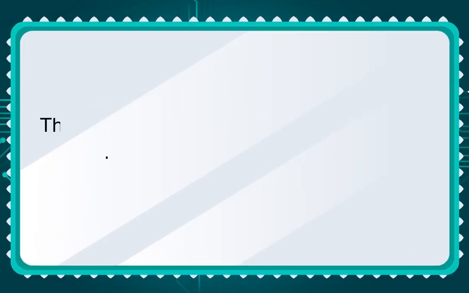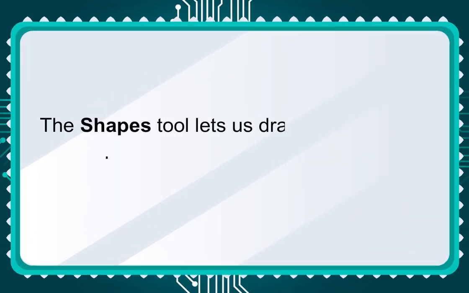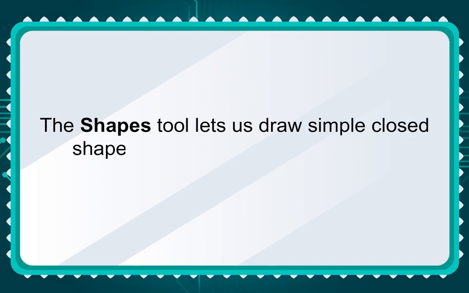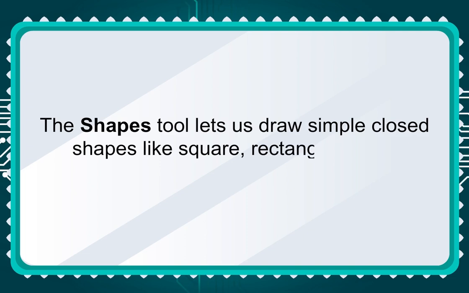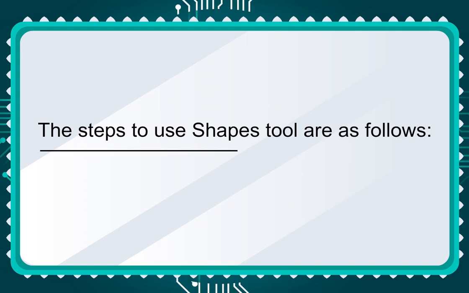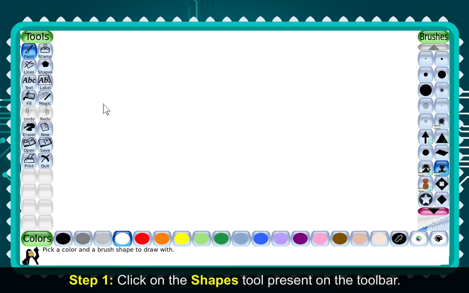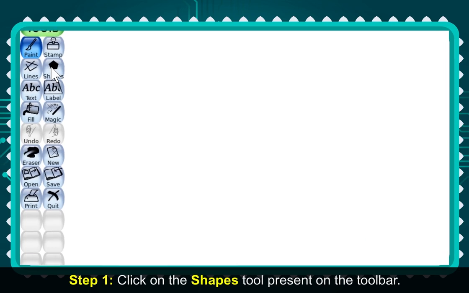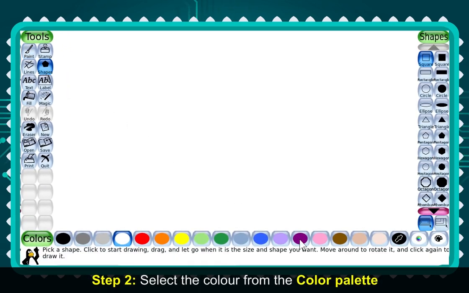Shapes tool. The Shapes tool lets us draw simple closed shapes like square, rectangle, circle, triangle, star, etc. The steps to use Shapes tool are as follows. Step 1. Click on the Shapes tool present on the toolbar. Step 2.